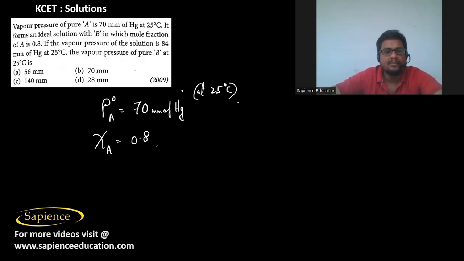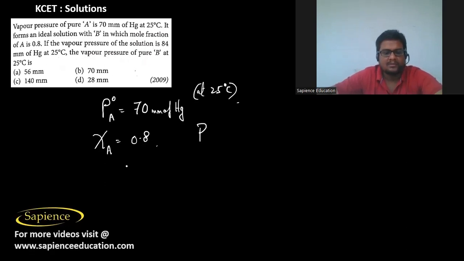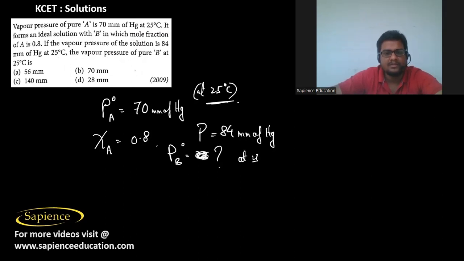If the vapor pressure of the solution, P, is equal to 84 millimeter of mercury column at 25 degrees Celsius, then the vapor pressure of pure B at 25 degrees Celsius has been asked.